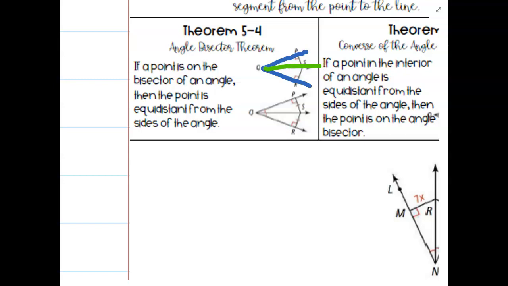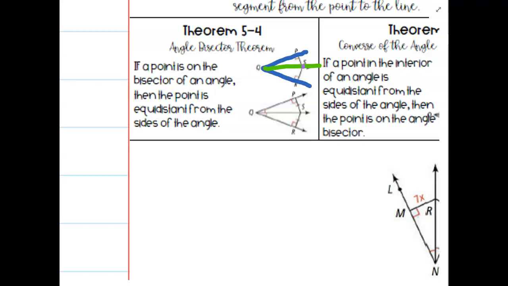Okay? Kind of like with the last one, how I was talking about any point on that bisector is equidistant to the endpoints. This is kind of the same thing. Any point on this bisector is equidistant to the sides of the angle.